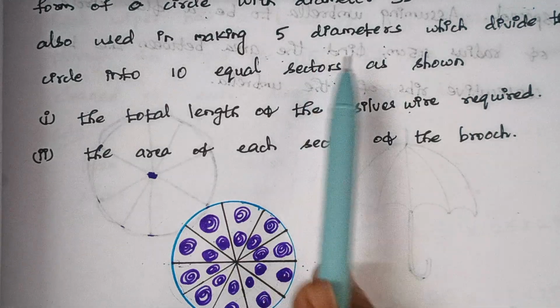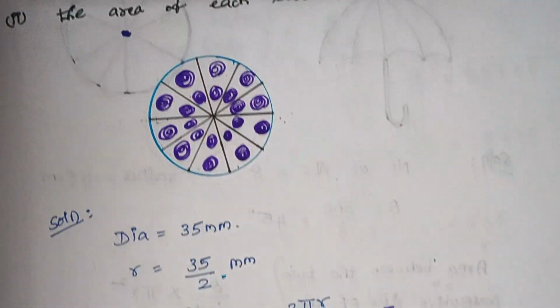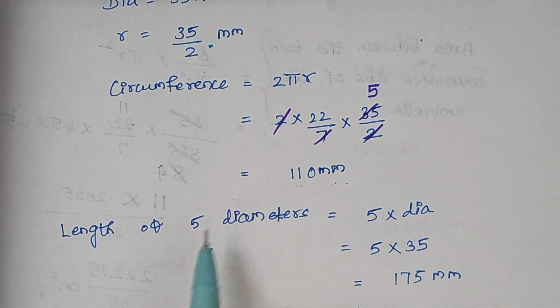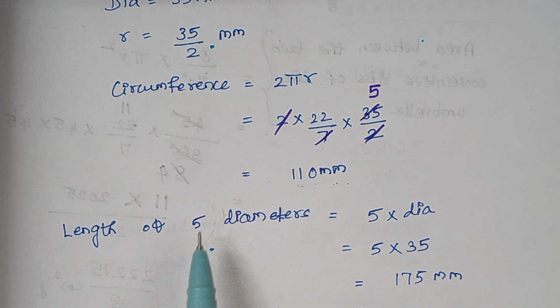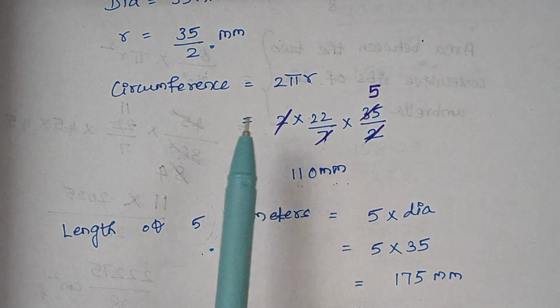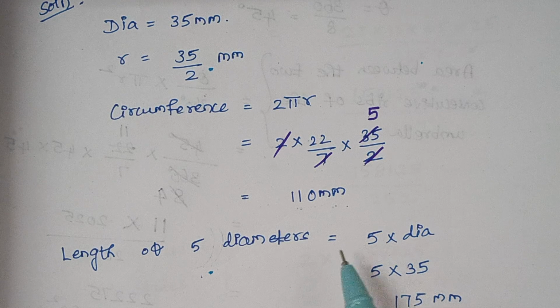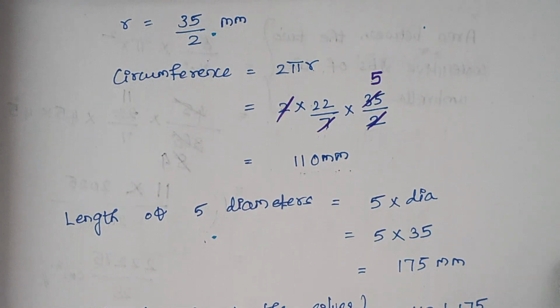So you have to multiply 5 with 35, because you have to find the length of 5 diameters. The length of one diameter is 35, so the length of 5 diameters is 5 into 35, which gives you 175 mm.